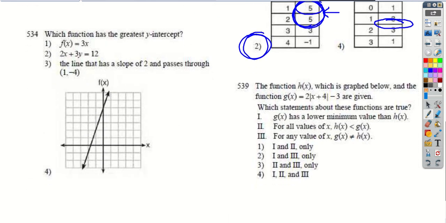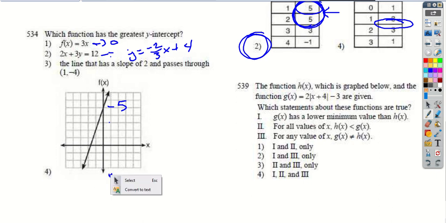All right. Greatest y-intercept. So we can count here 1, 2, 3, 4, 5 on the graph, right? So this is a y-intercept of 5. This y-intercept is 0. If we solve for y here, we're going to get y equals -2/3 x plus, we're dividing by 3, so plus 4, and then there's a line with a slope of 2 that passes through the point (1, -4). So on the graph, (1, -4) is down here, right?